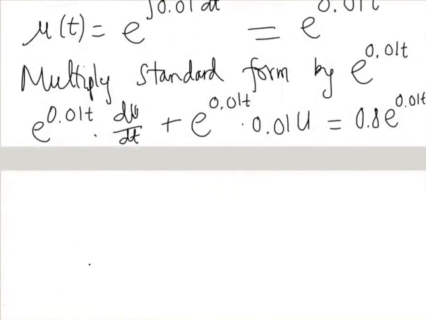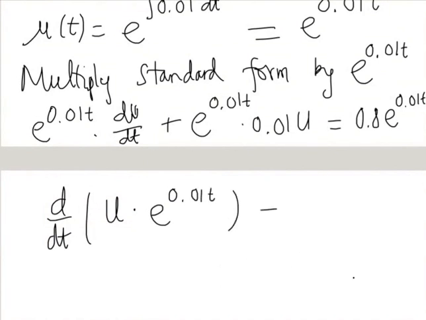As before, the left-hand side is the derivative of the product, which is u times e to the 0.01 t, and on the right-hand side we have 0.8 e to the 0.01 t.